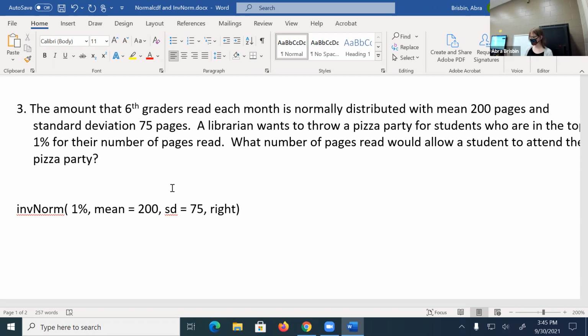What do you need to do if your calculator doesn't let you do that? Yeah, then you would use 99%, oh, sorry, this should be a decimal, 0.99. Because then your calculator by default uses the probability that it wants to the left.